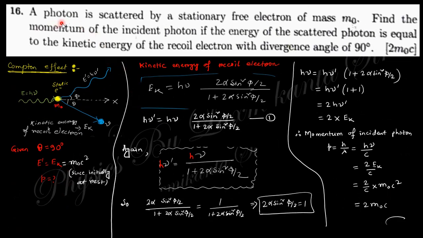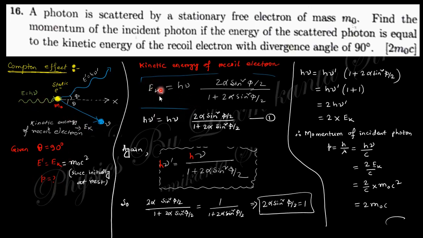A photon is scattered by a stationary free electron of mass m naught. Find the momentum of the incident photon if the energy of the scattered photon is equal to the kinetic energy of the recoil electron, with divergence angle 90 degrees. Here the angle theta is 90 degrees. The energy of the scattered photon and the electron will be equal, and you need to find the momentum of this incident photon.